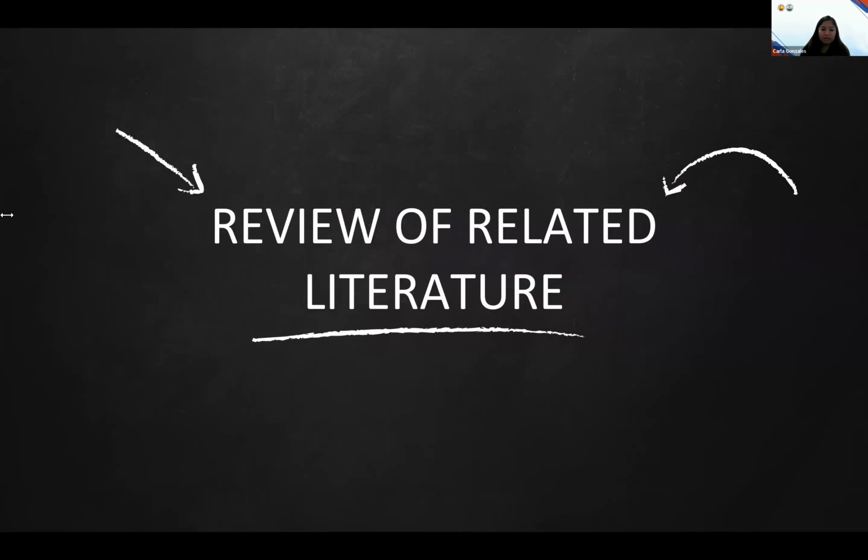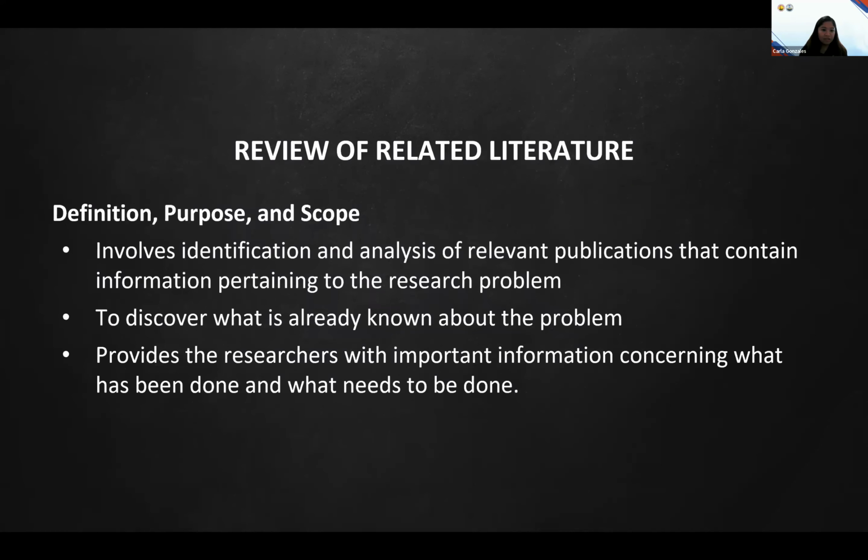So next, review of related literature. As I've mentioned, the review of related literature is in a 5-chapter study. This is part of your chapter 2. So the entire chapter 2 of your study is dedicated to the review of related literature and studies. Okay. So what would be the definition, purpose, and scope?